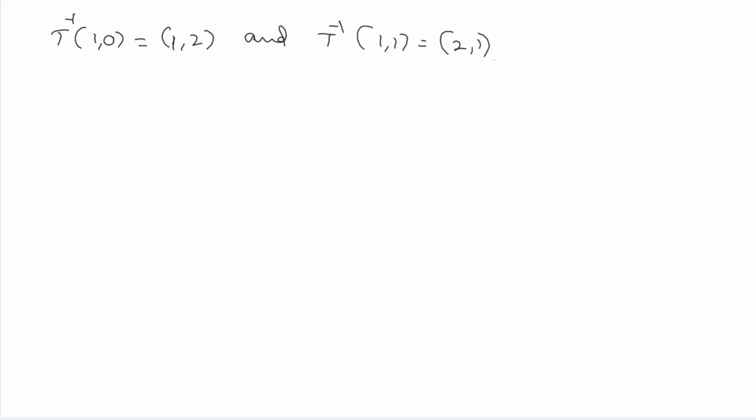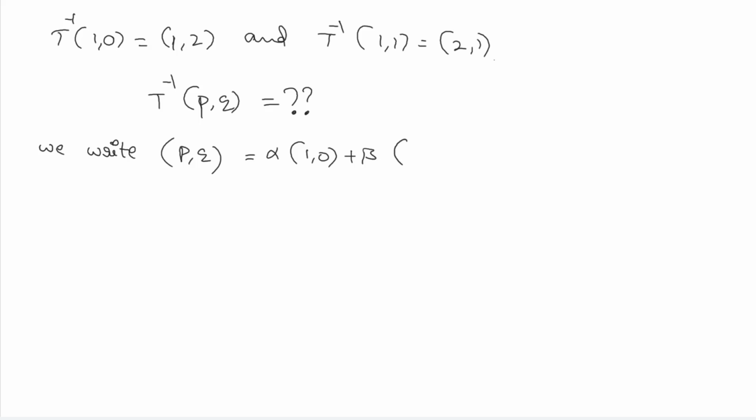Now, since T inverse is a linear transformation, and it is asked what T inverse of P comma Q is, I write the vector P comma Q as a linear combination of the vectors 1 comma 0 and 1 comma 1, and then by applying T inverse on both sides, we can calculate the value of T inverse of P comma Q. That is, we write P comma Q as alpha times 1 comma 0 plus beta times 1 comma 1.